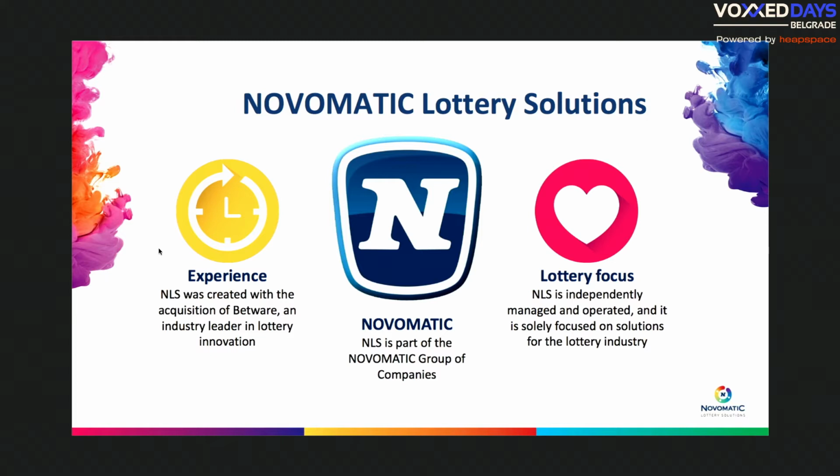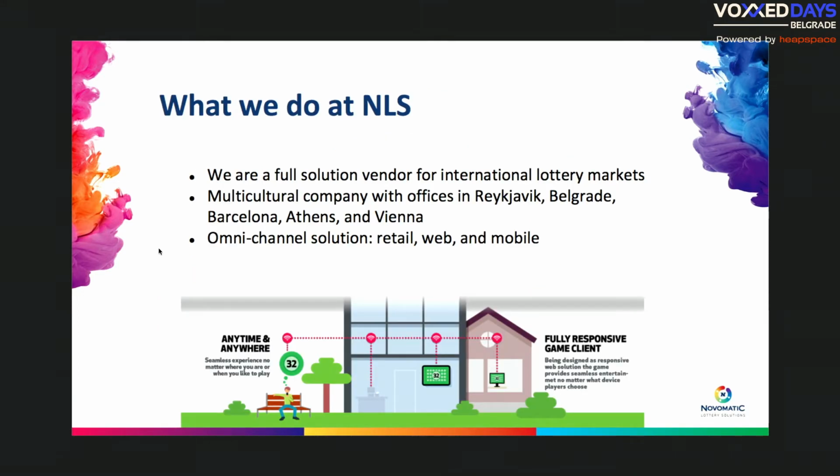Later on, Betware was acquired by NOVOMATIC, and now we are NOVOMATIC Lottery Solutions, or shorter NLS. What we do is create complete solutions, complete platforms, omni-channel solutions for all kinds of draw games and number games and everything else you can imagine.